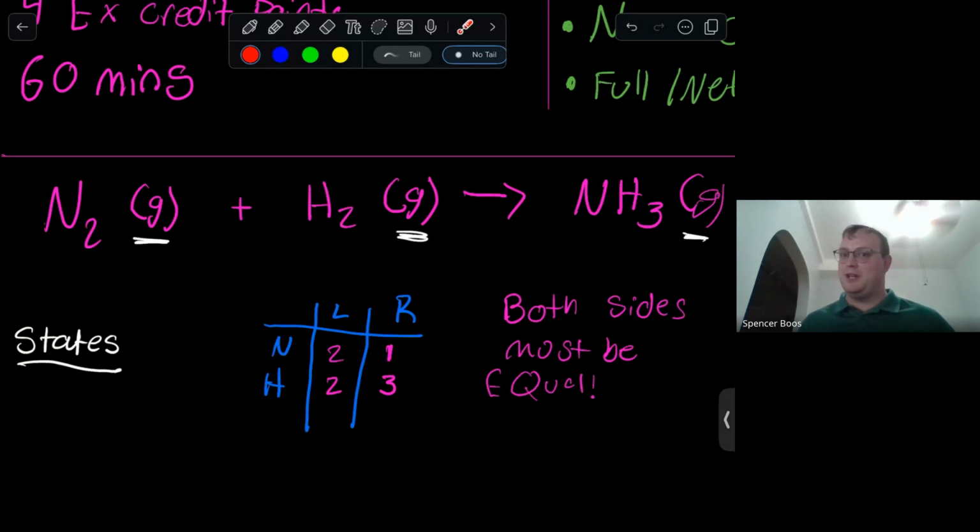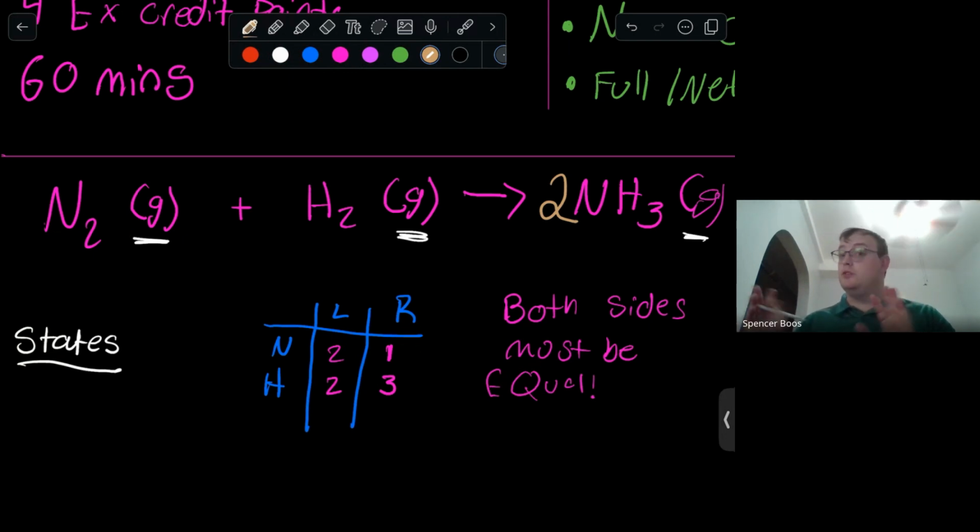It's not a great thing. So I need to go ahead and decide what I could multiply something over here by in order to get 2 nitrogens. What if I put a 2 here?